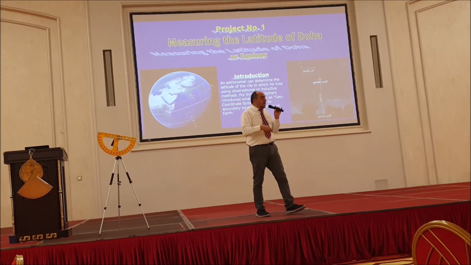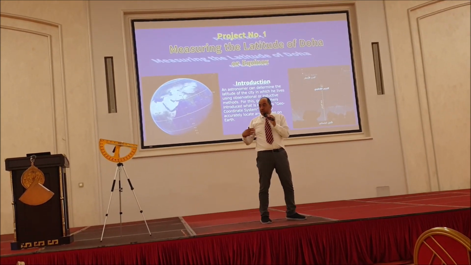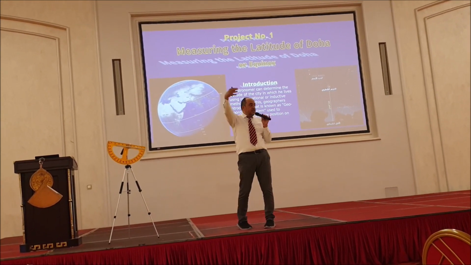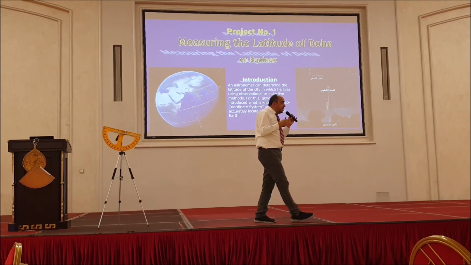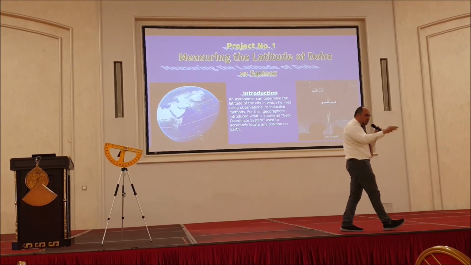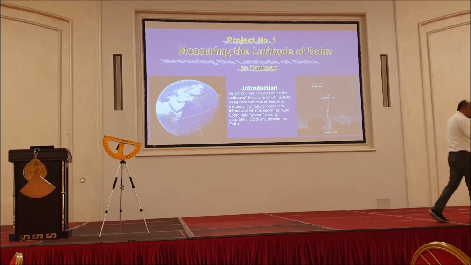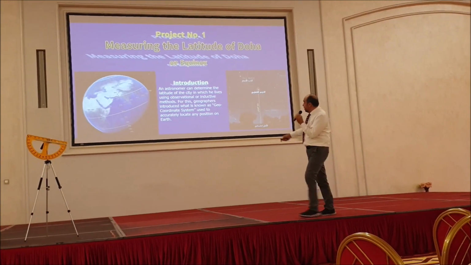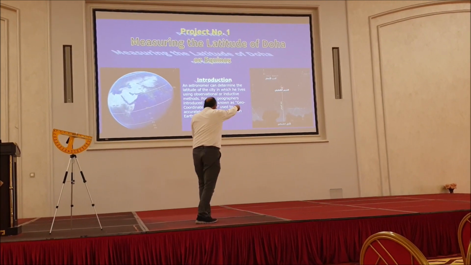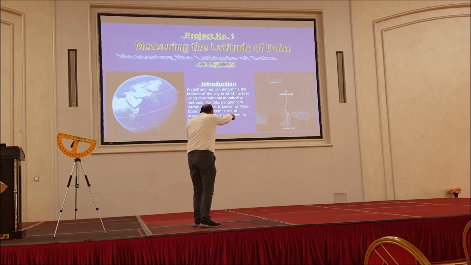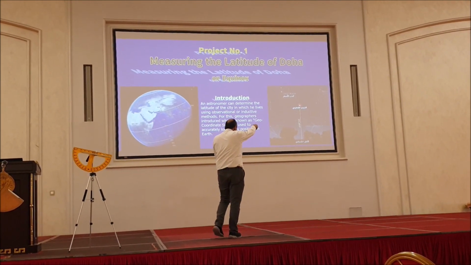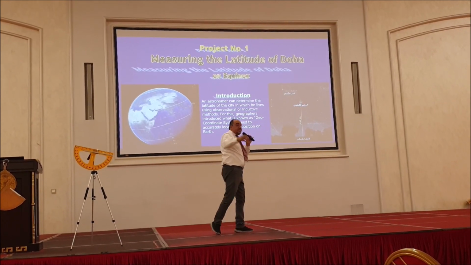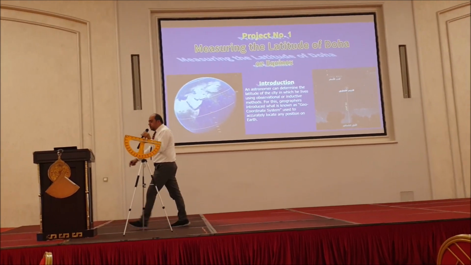Doha is located about 25 degrees north of the equator. So our latitude is almost 23 to 25, it depends where you go. But Doha is about 25. So whenever you measure the altitude of Polaris, it is the latitude of your place.